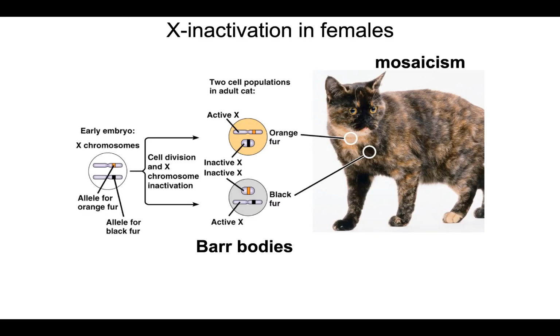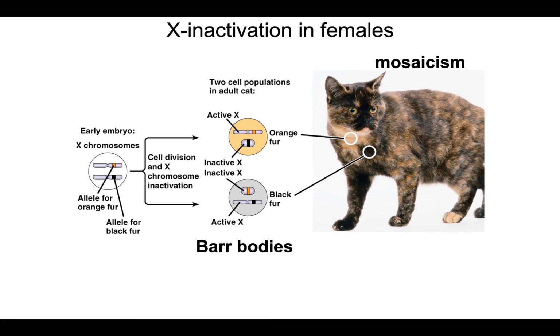Okay, finally, one interesting complication about X chromosomes in females. In all species where the female is designated by 2 X chromosomes, early on in the development of the embryo, randomly in each cell, one of the 2 X chromosomes is going to be inactivated.